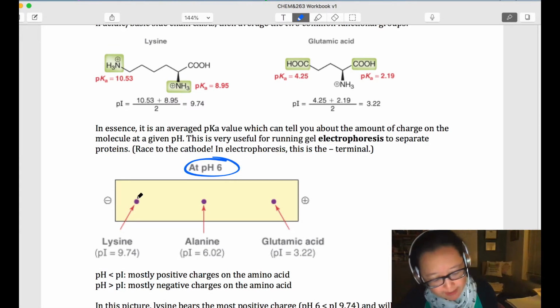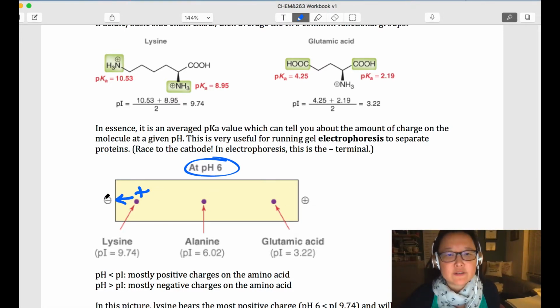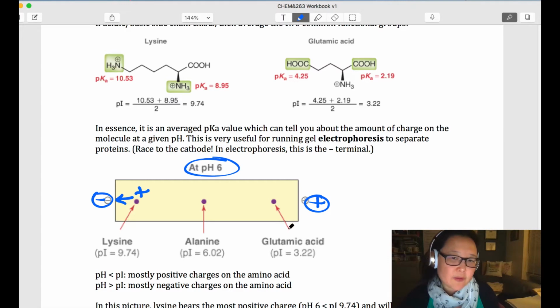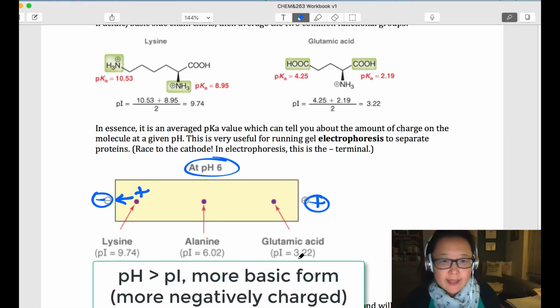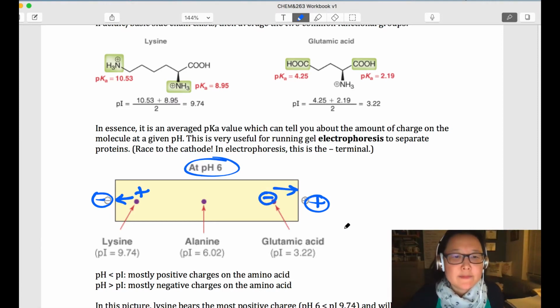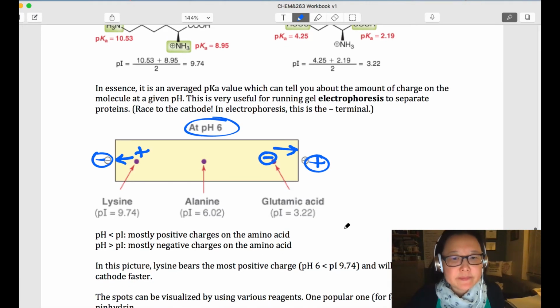So this means a mostly positive charge, and that will be attracted to the negative terminal if we were to run a gel electrophoresis with a negative terminal and a positive terminal. Likewise, if we have glutamic acid, and the pH is more basic than the pI, then I'm going to end up with more negative charges, and that's going to be more attracted to the positive terminal on a gel.